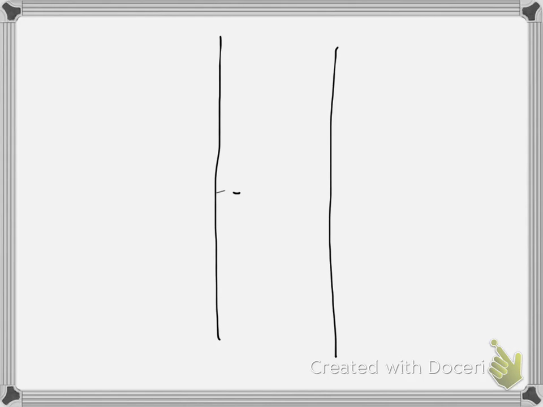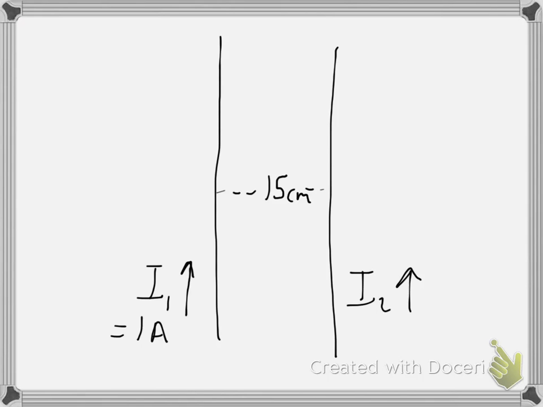Our final example, let's look at 2 wires a distance of 15 centimeters apart, and both wires are carrying a current of 1 amp. So here we have I1 equals 1 amp, and here we have I2, and let's let it be in the same direction, and that'll be 1 amp.